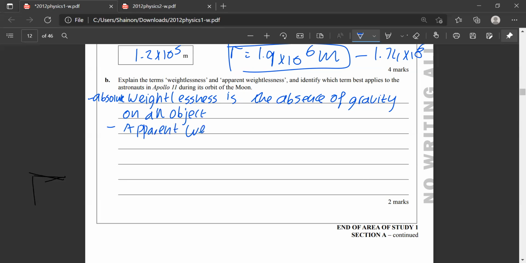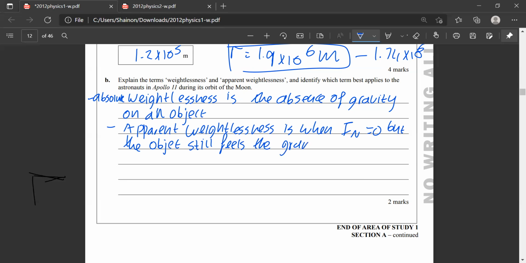Apparent weightlessness is when normal force equals 0, but the object still feels gravitational force. And then we just need to state which one applies.